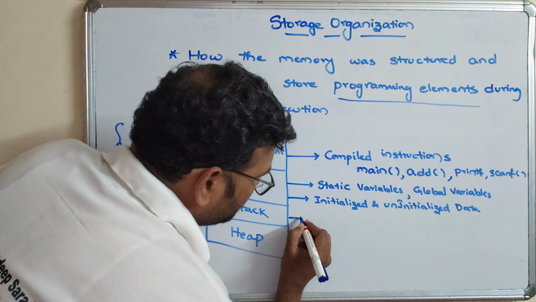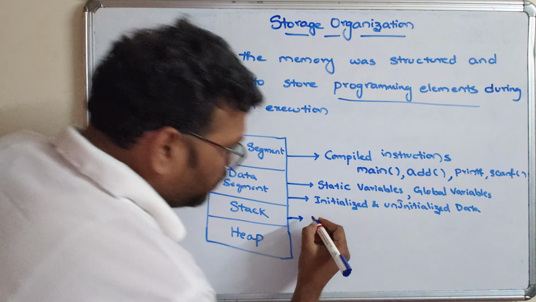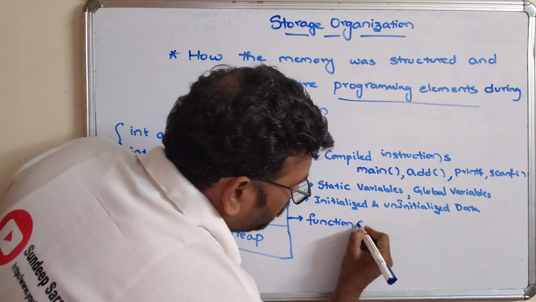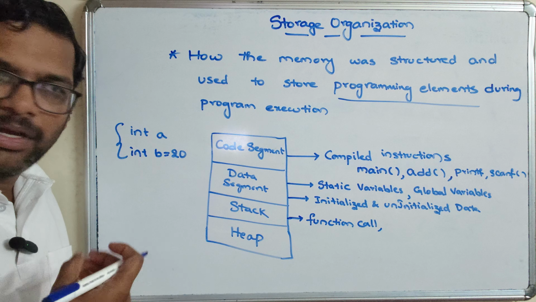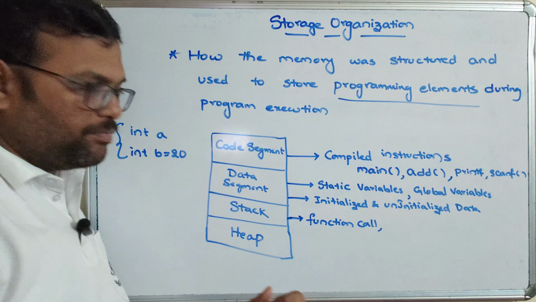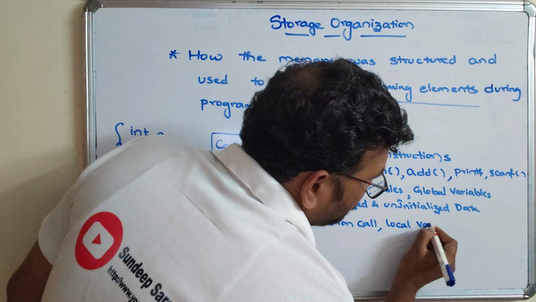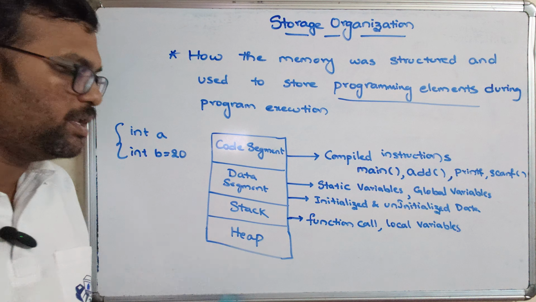Coming to the stack. It handles the working of functions, the function call. Whatever parameters are given in the function call, as well as local variables, these two will be stored in the stack.